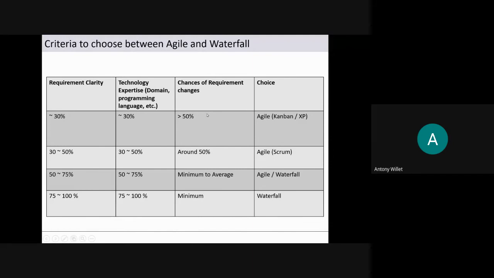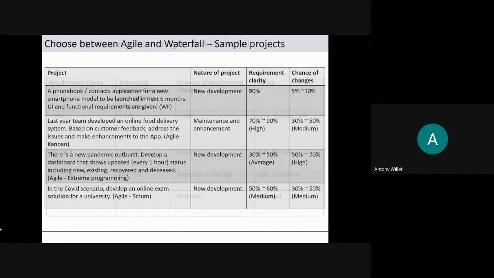The same graph I have represented in a table. Okay, let us have a look at some examples. A phone book contacts application. In a smartphone, we have a contacts application, right? The smartphone model is new, and it is going to be launched in 6 months.